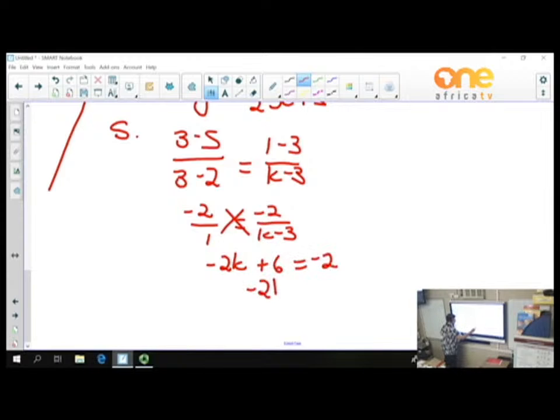So -2k is equal to -8, which makes k equal to 4. K is 4. Okay, so it's probably a sign mistake somewhere. Okay, now let's try number 6. This is the kind of question that we can expect now.